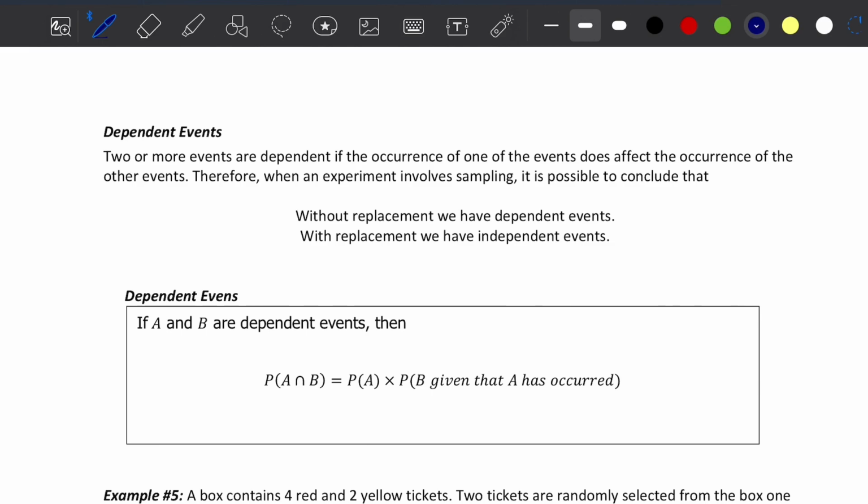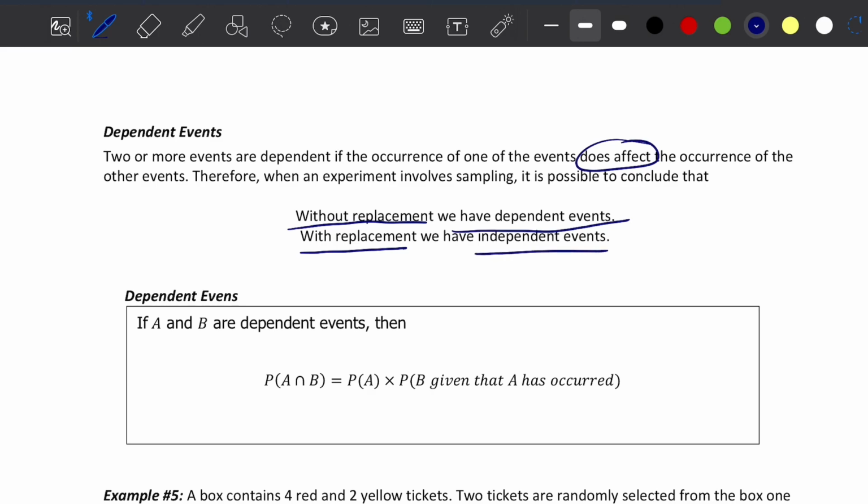So now let's talk about dependent events. Two or more events are dependent if the occurrence of one of the events does affect the occurrence of the other event. Therefore, when an experiment involves sampling, it is possible to conclude that without replacement, we can have dependent events, with replacement, we have independent events.